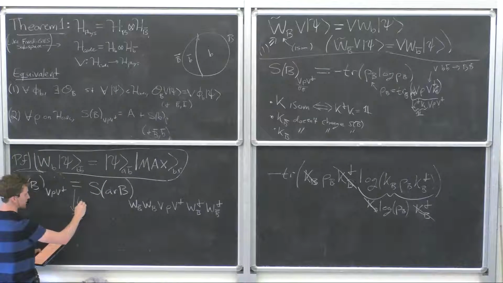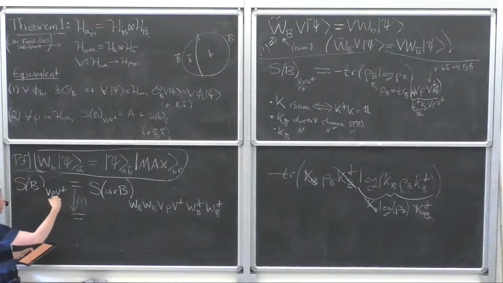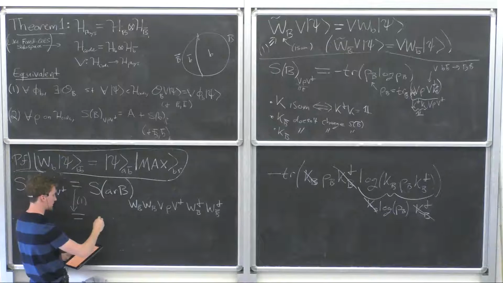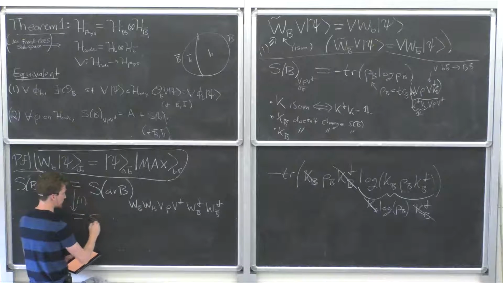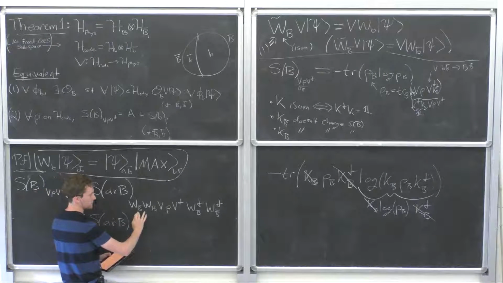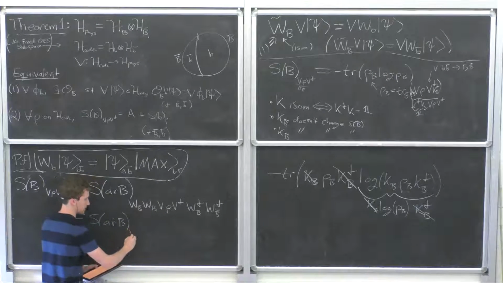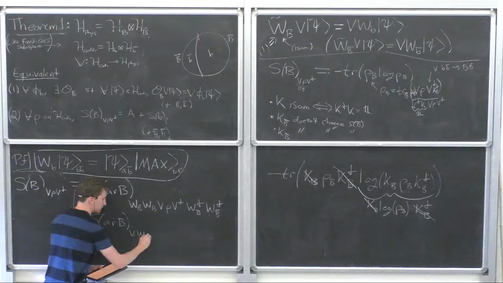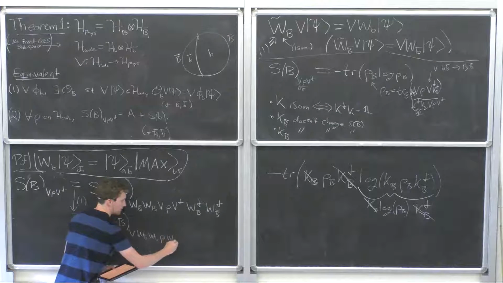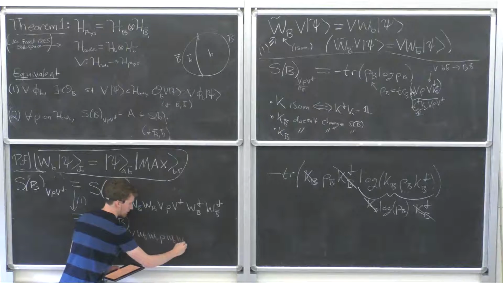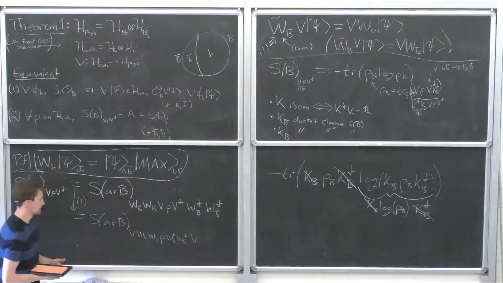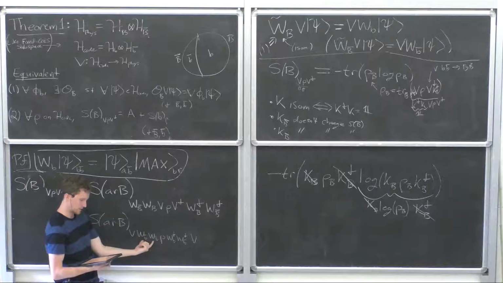But now we're going to use condition 1, which, as we saw at the very top of that board, was just the statement that this entropy equals S of ARB in a different state where you pull the W's into the V. Right, so now it's just V, W little b bar, W little b, rho. So I've used condition 1 here to say that these guys reconstructed these guys.